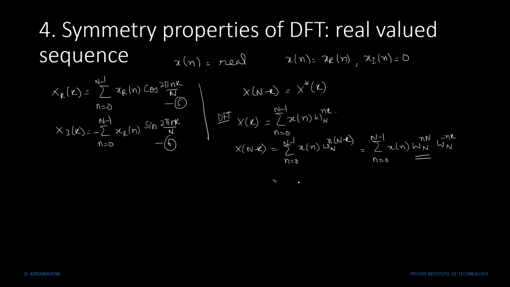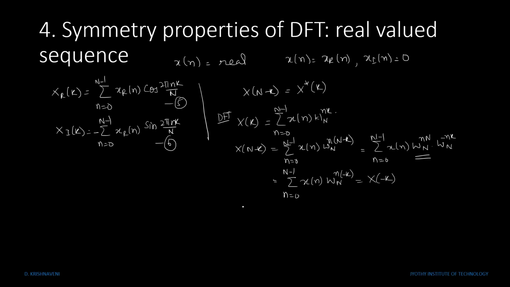So this is equal to summation n is equal to 0 to n minus 1 x of n wn to the power of, I'll write minus nk as n into minus k, or this can be written as x of minus k, because in place of k we have minus k.